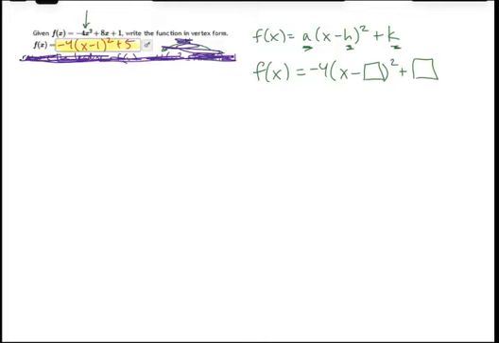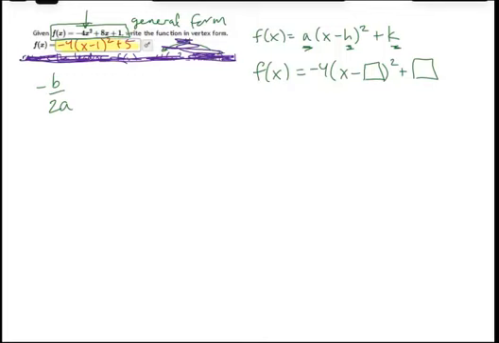Well, they gave you the equation here in general form, right? How do you find the vertex from general form? You use what? You can use -b over 2a, right?